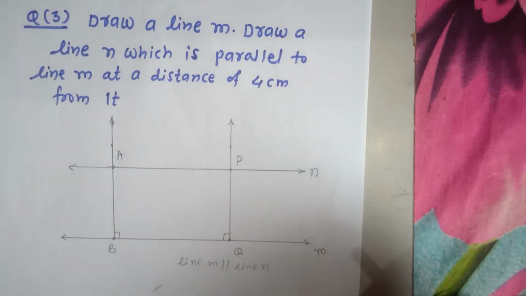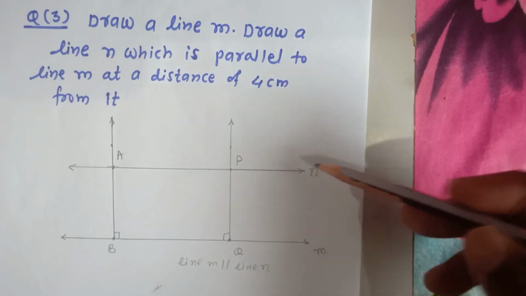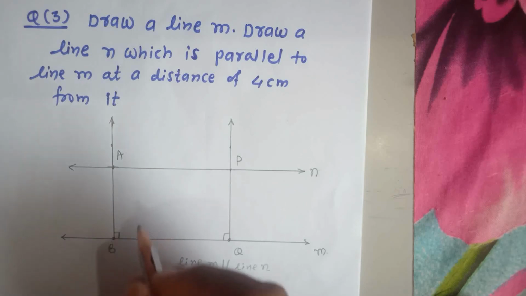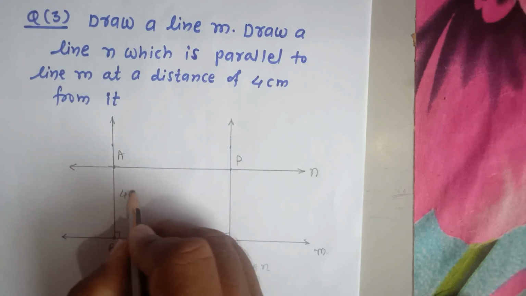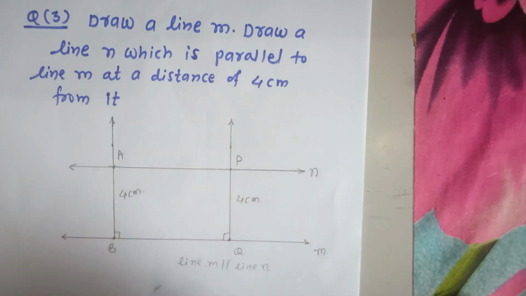In this way, we have drawn line N parallel to line M at a distance of 4 centimeter. This distance is 4 centimeter.